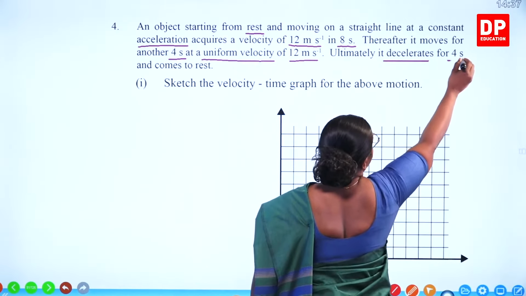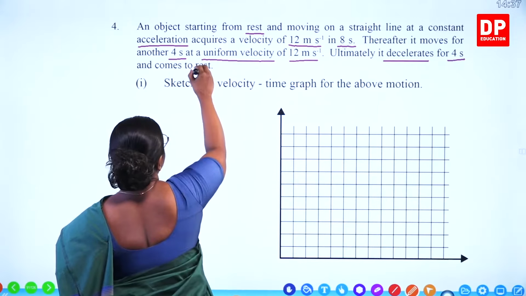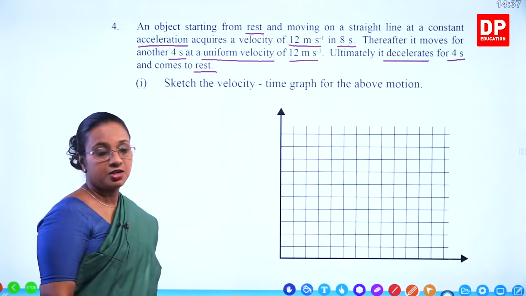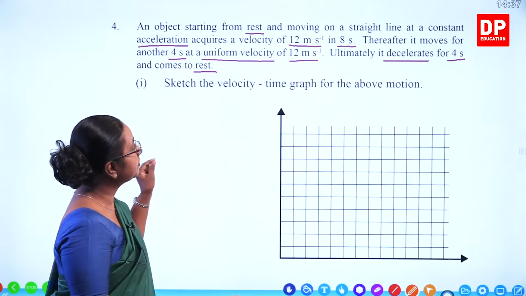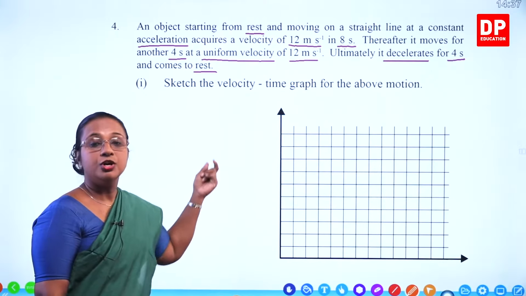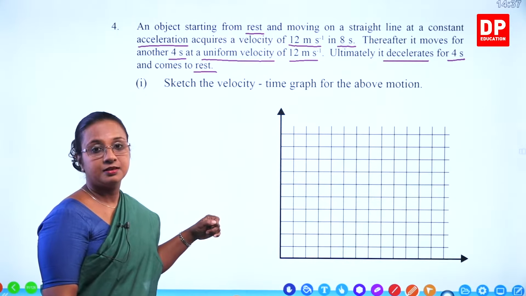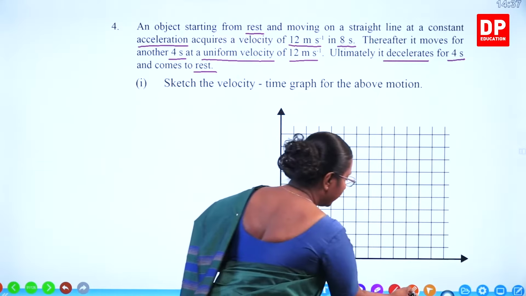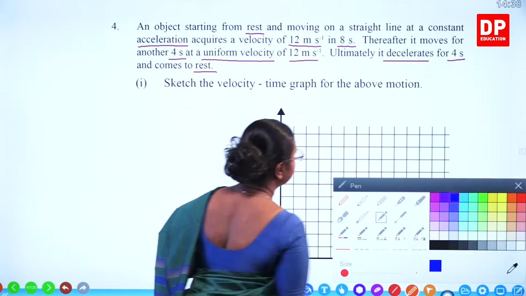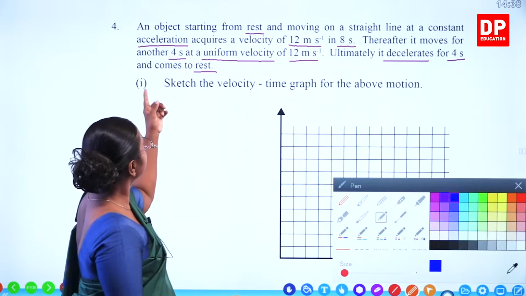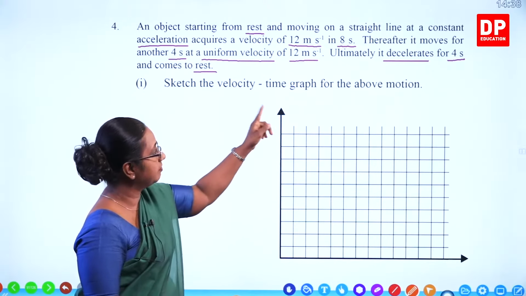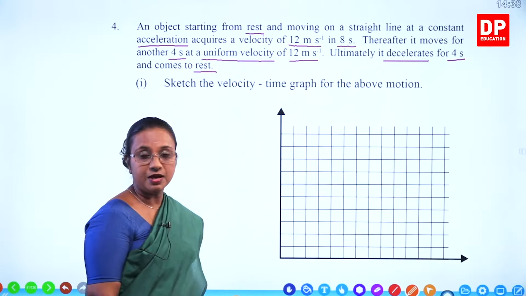Ultimately, it decelerates for 4 seconds and comes to rest. So, those are the points that we need to get from this data. Then, if we plot the graph, they have asked us to sketch the velocity time graph for the above motion.